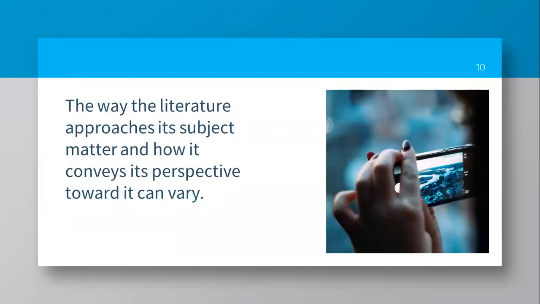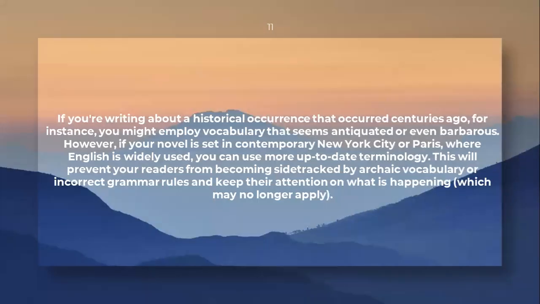Now, what about literature? The way the literature approaches its subject matter and how it conveys its perspective towards it can vary. If you are writing about a historical occurrence that occurred centuries ago, for instance, you might employ vocabulary that seems antiquated or even barbarous. However, if your novel is set in contemporary New York City or Paris, where English is widely used, you can use more up-to-date terminology.